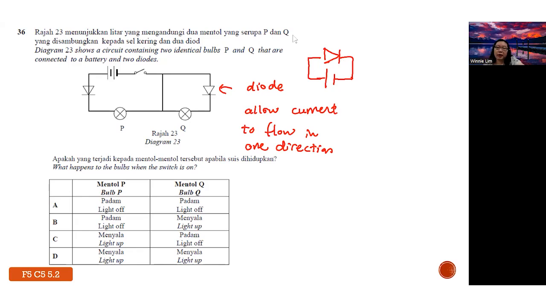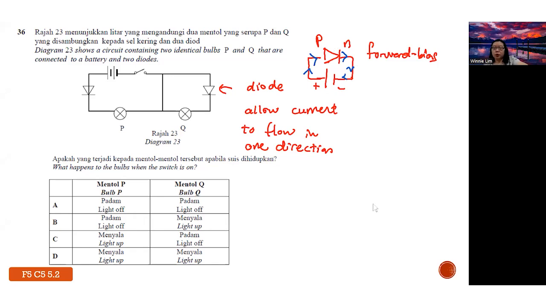A diode has an N type and a P type. If you connect positive to P and negative to N, this is called forward bias connection. Forward bias means the current can flow, if I have a complete circuit.